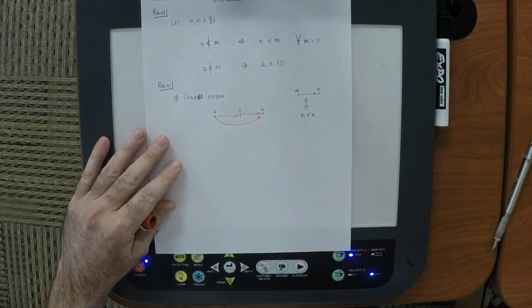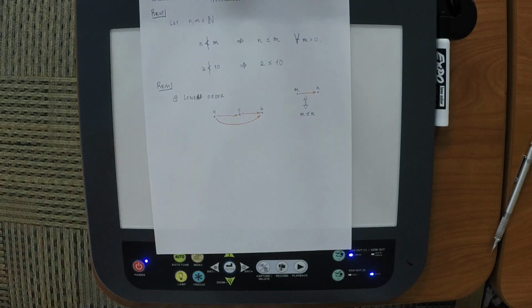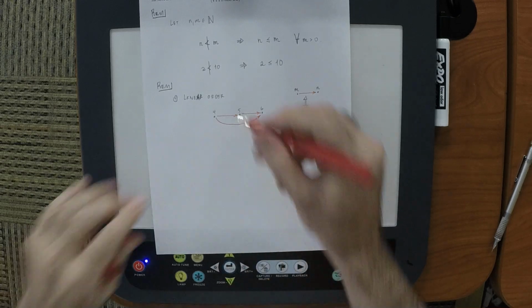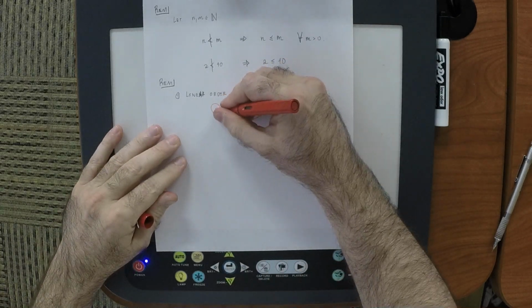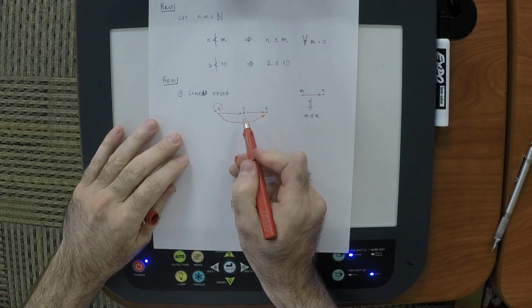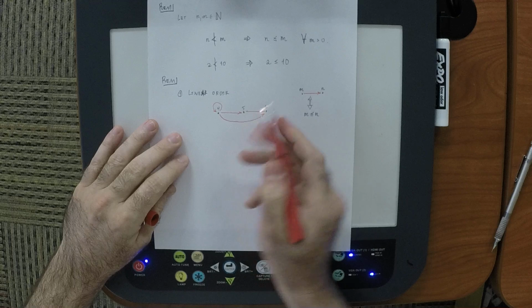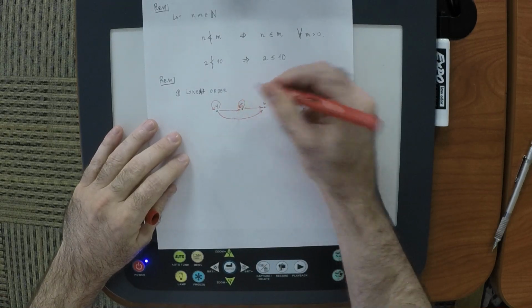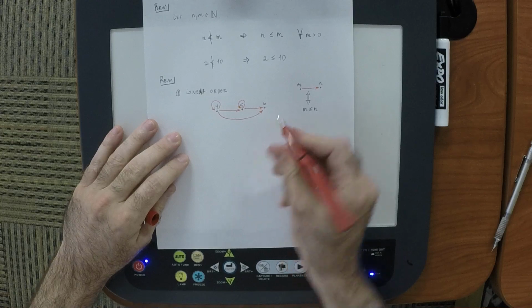Is there anything else that 4 is less or equal to? Just concerning these. Itself, right? Okay, and then 5, is there anything else it's less or equal to? Itself, right? And then 6, itself.